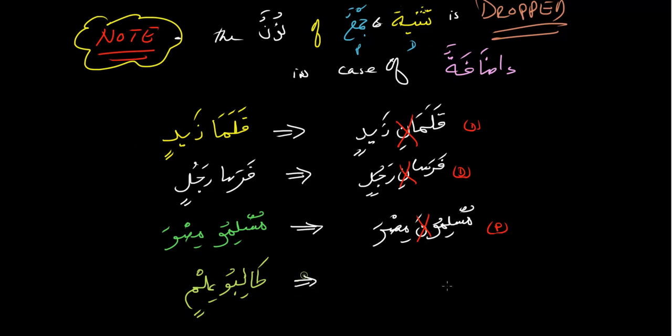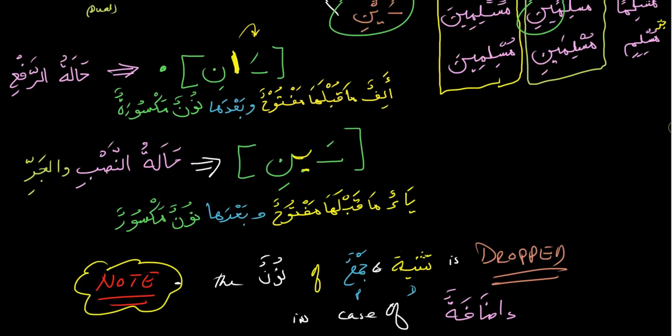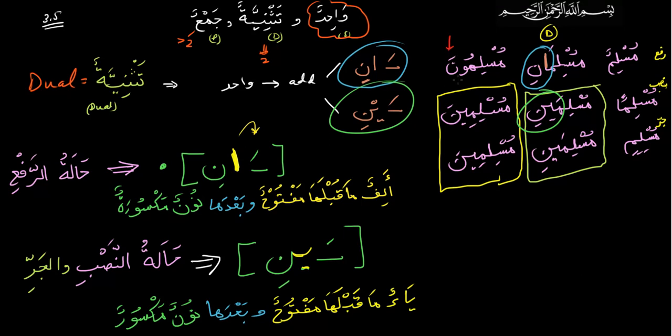So this was originally talibuna ilmin, and this noon was dropped because of idafa. So this last noon is dropped when making an idafa. That's something that we have to remember.